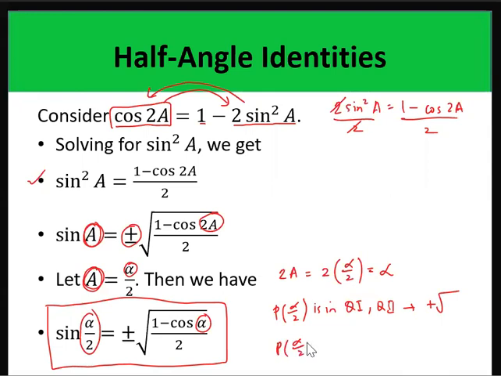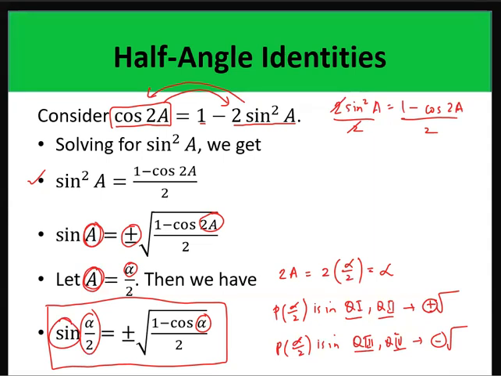If the terminal point of alpha over 2 is in quadrant 3 or quadrant 4, then we have to use the negative square root. This is because the sine function is positive whenever the terminal point is in quadrants 1 and 2, and it is negative whenever the terminal point is in quadrant 3 or quadrant 4.